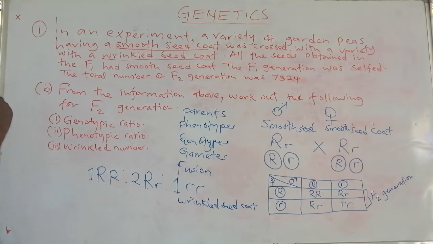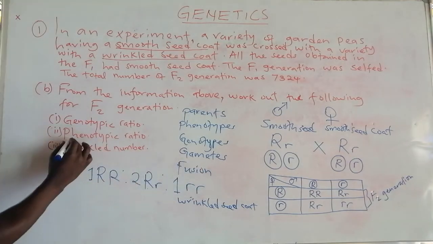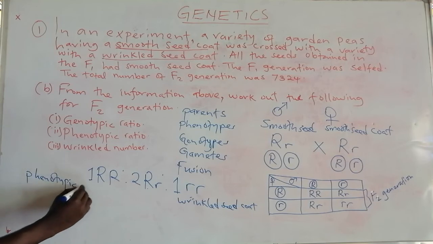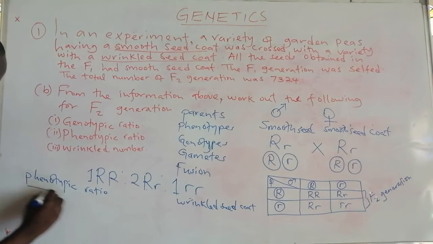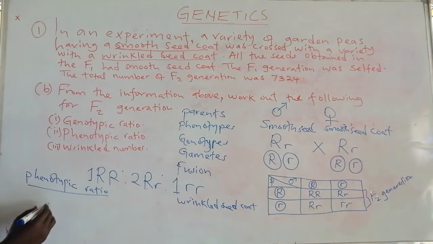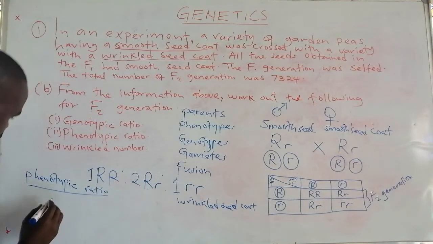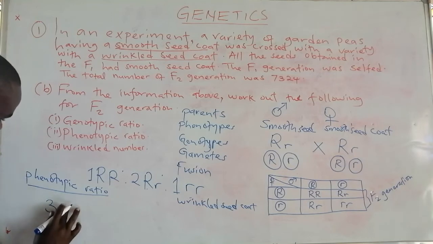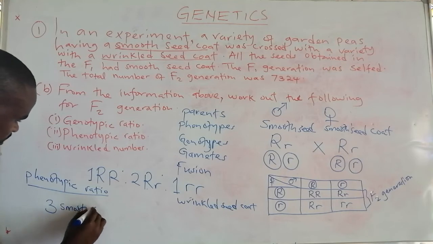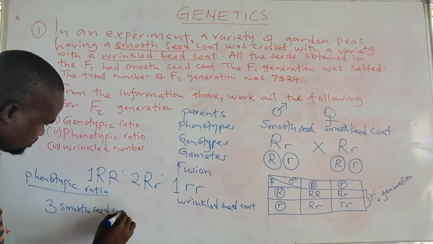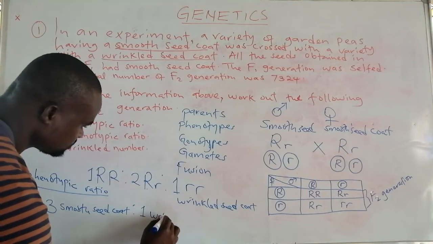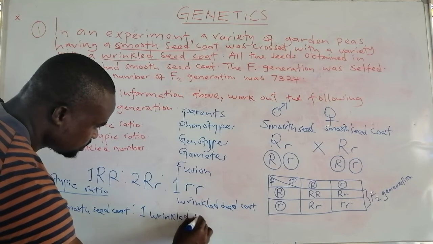So when we want to get the phenotypic ratio here, we'll have 3 smooth seed coat to 1 wrinkled seed coat.